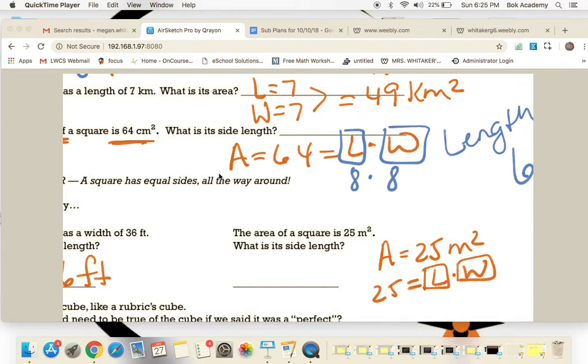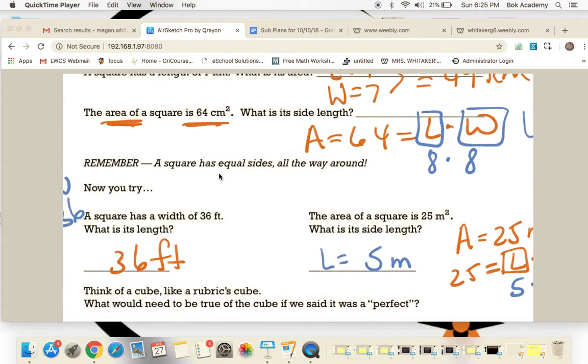So what number can I multiply by the same exact number that equals 25? It's 5. So 5 times 5 is 25. That's a check. So the length is equal to 5 meters. Again, we're not finding area, so it's just meters.